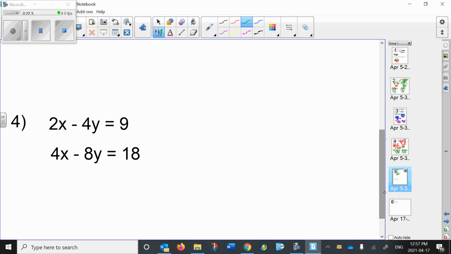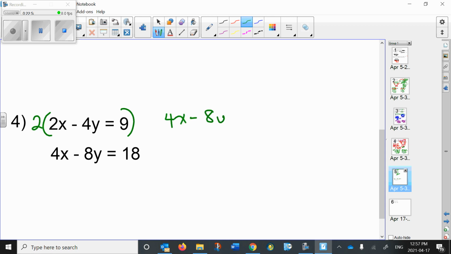And if I look at this one and I say, okay, I need to change one of these. So if I wanted to change the 2 to look like a 4, I'd have to multiply this whole thing by 2 in order to make it a 4. So I'm going to have 4x, and then negative 4 times 2 is going to give me negative 8y, and that's going to give me equals 18.